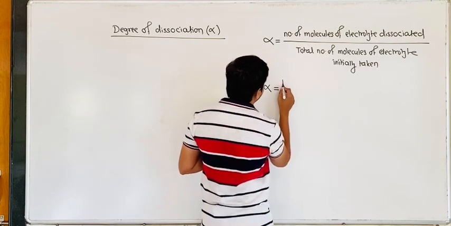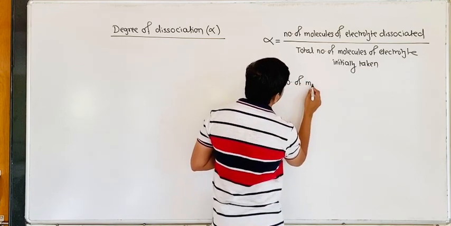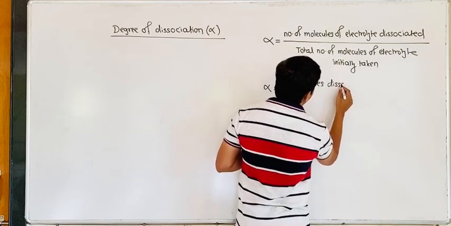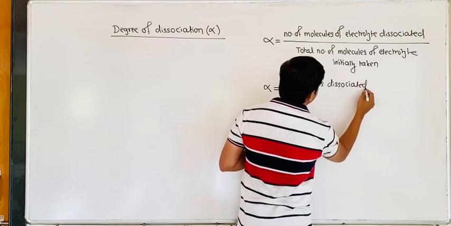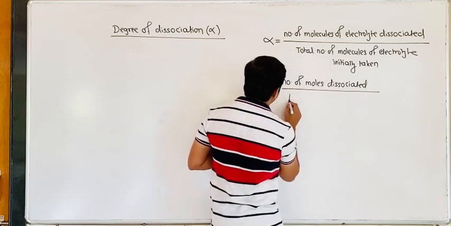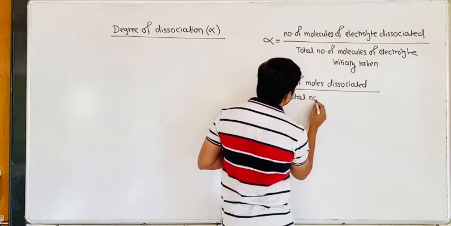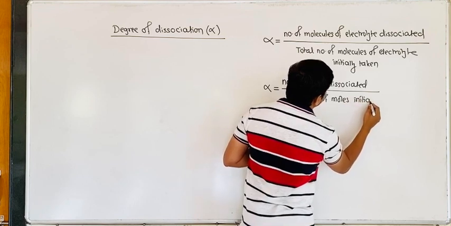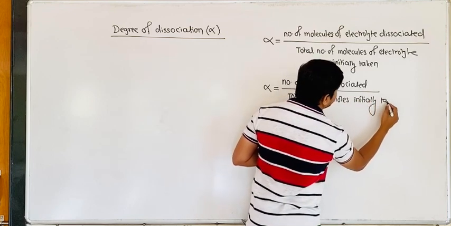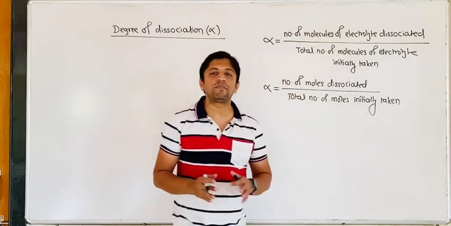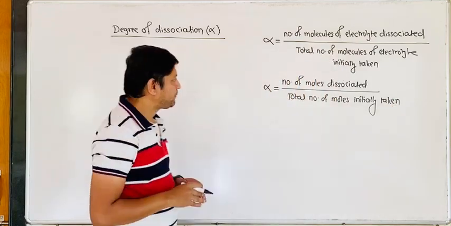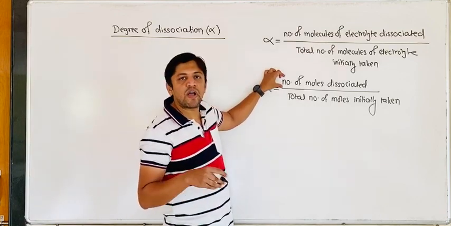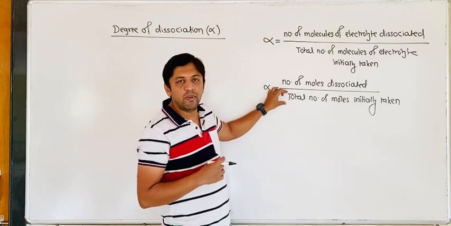Alpha is equal to the number of moles of an electrolyte dissociated divided by the total number of moles initially present, or the total number of moles of that electrolyte initially taken. So alpha represents the fraction of moles of an electrolyte that undergoes dissociation till equilibrium is attained.